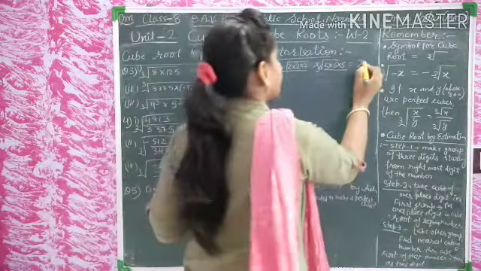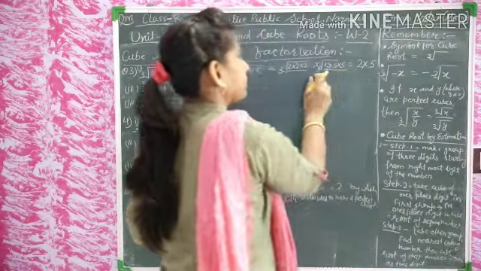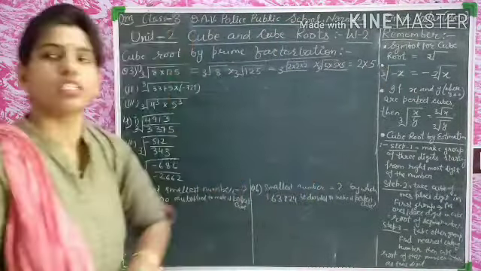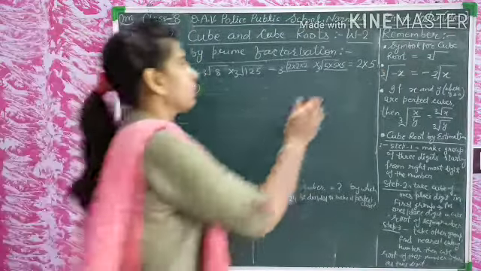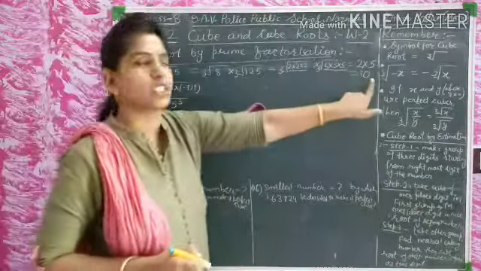So into 5, the cube root, taking 5 from this triplet. Now this is equal to 10. It means the cube root of this number is equal to 10 here.